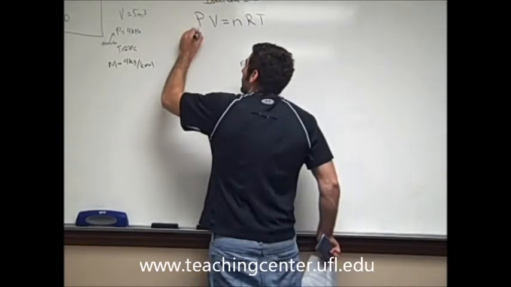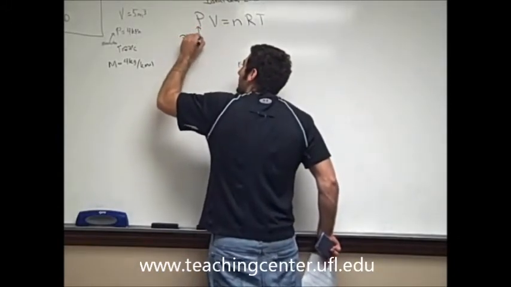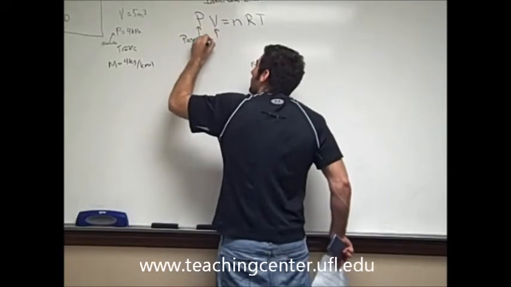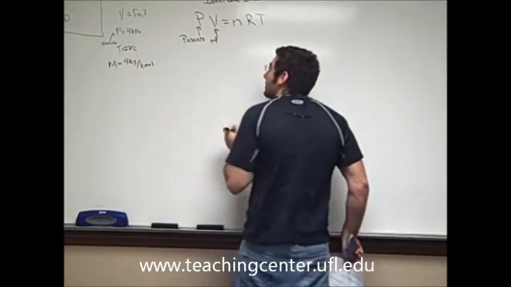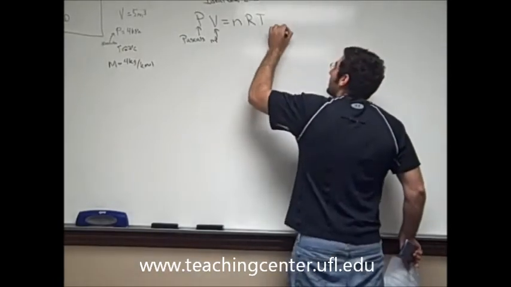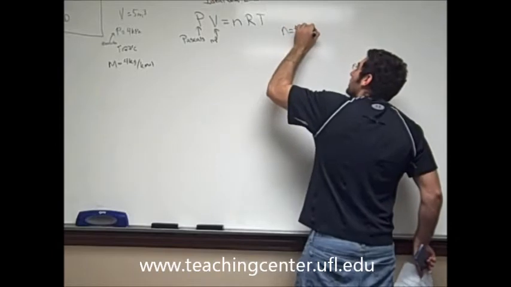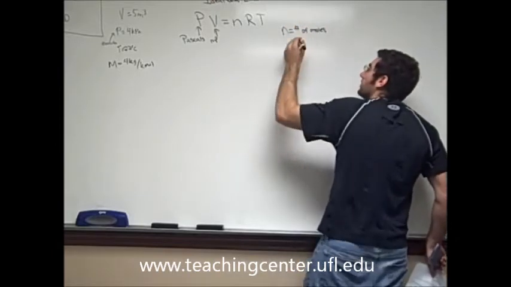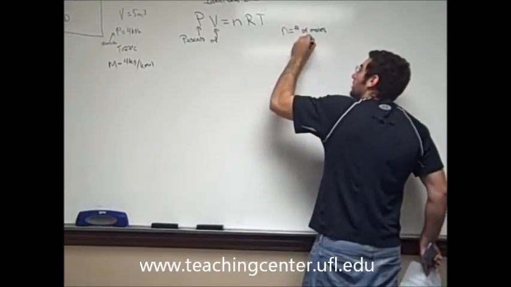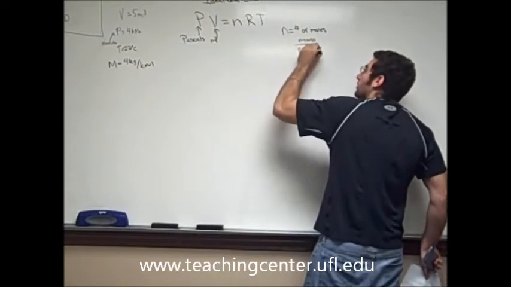Pressure is always in pascals. Volume is in cubic meters. N equals the number of moles of substance, which is equal to the mass over the molar mass.